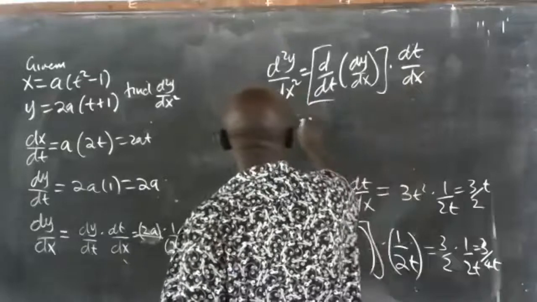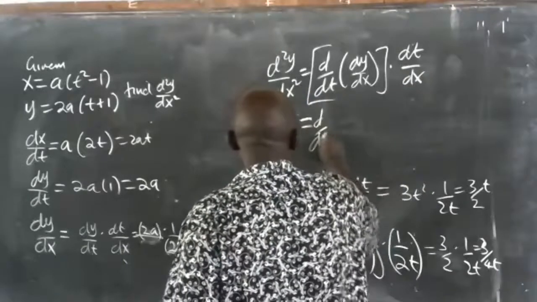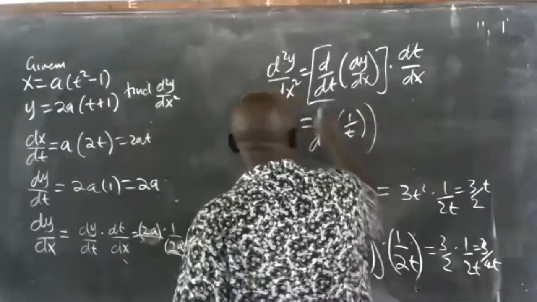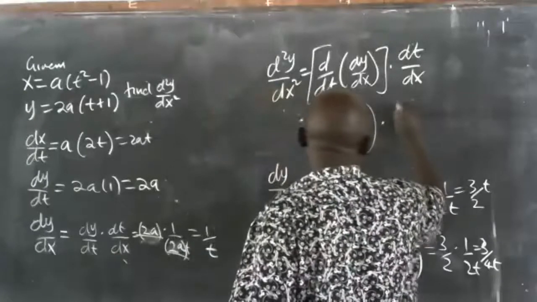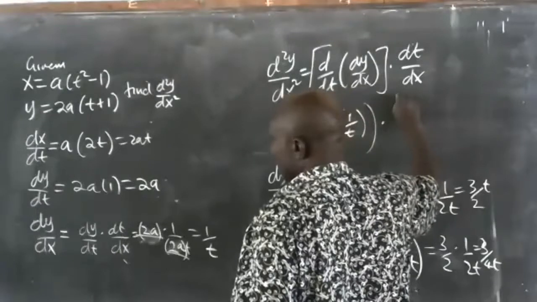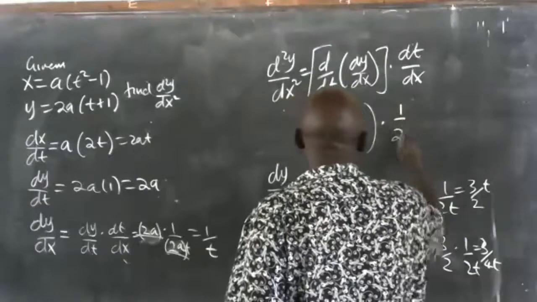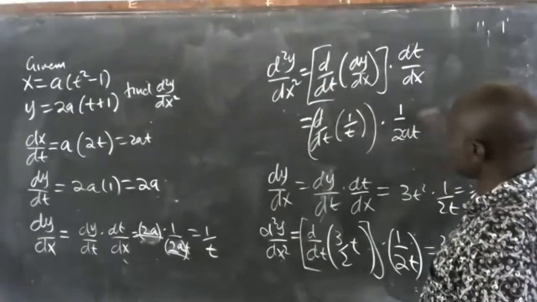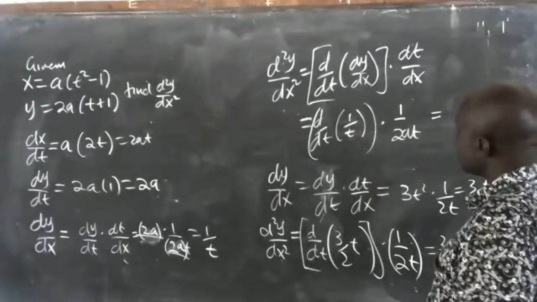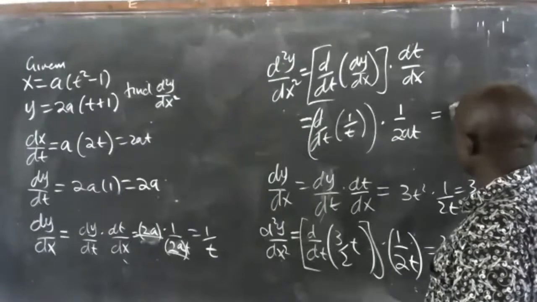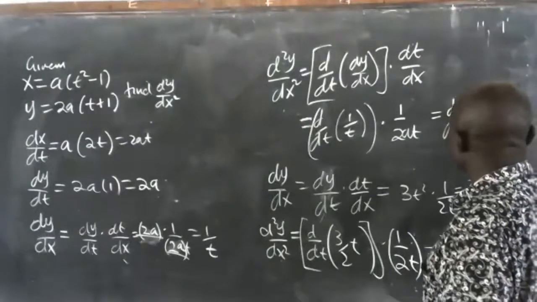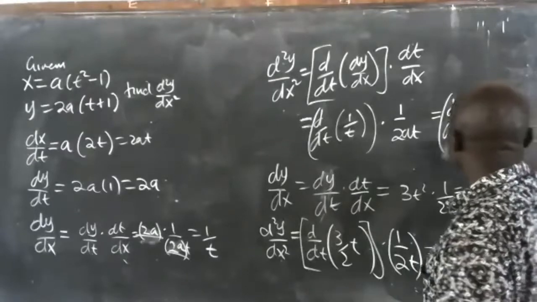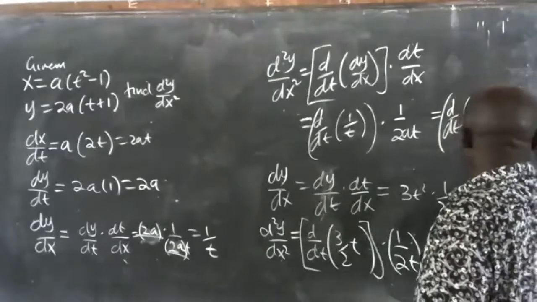Now this will be d/dt of 1 over t, then after that we multiply with our 1 over 2a. So this will be d/dt of t to the power negative 1 times 1 over 2a.